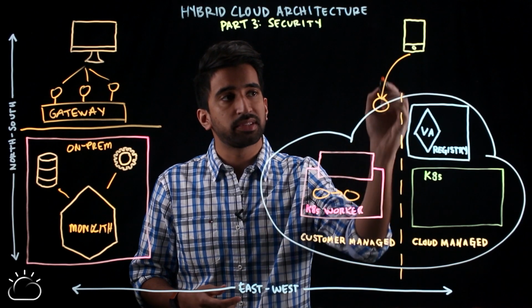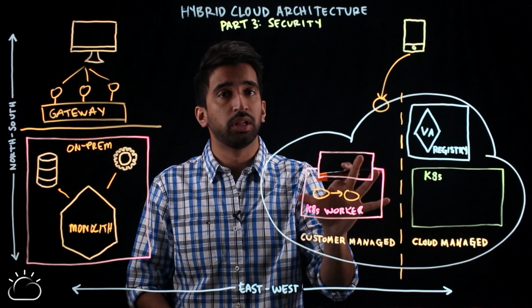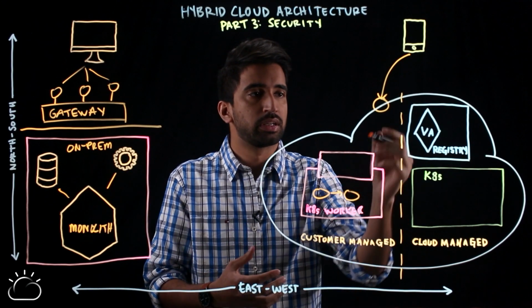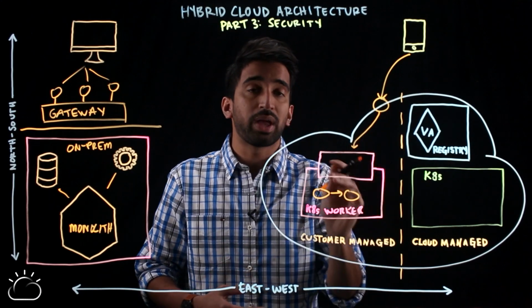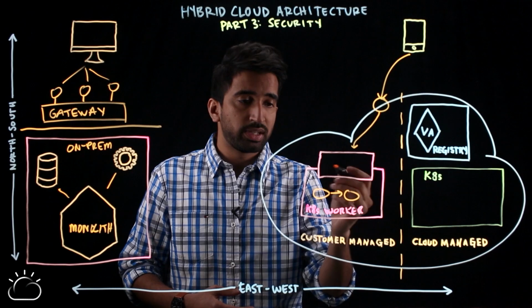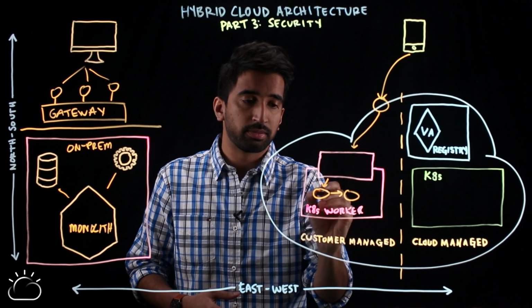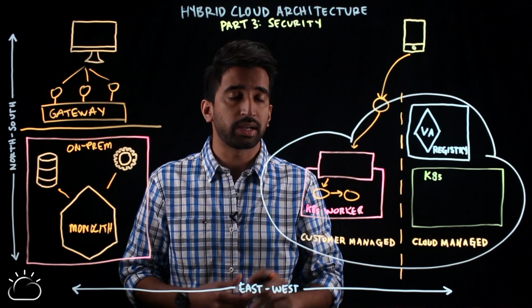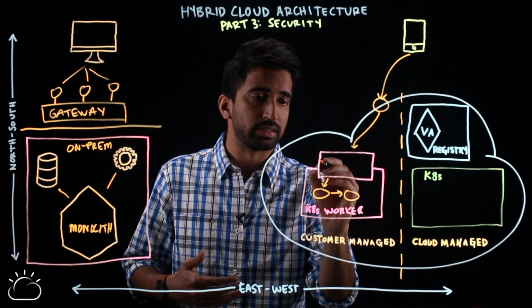The next thing that happens is that requests will get forwarded to your actual Kubernetes worker node with the capabilities that it exposes. So at that level, we have a couple of options for securing those endpoints. So let's say we want to hit this first microservice running in our Kubernetes worker. There's two ways that we can configure security policies.